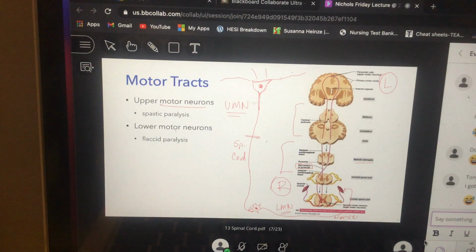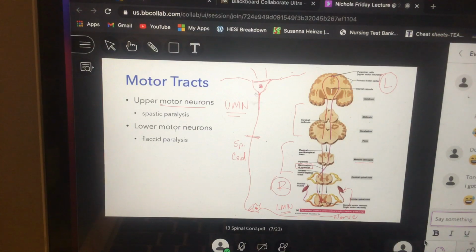But if you look at my crazy all over the place diagram here, you'll see that the neuron going from the spinal cord to the muscle is still in place. It's still intact. It hasn't been severed. And it can sometimes still send impulses to the muscle, causing the muscle to spasm, muscle spasms. And you don't have brain control over that muscle anymore.